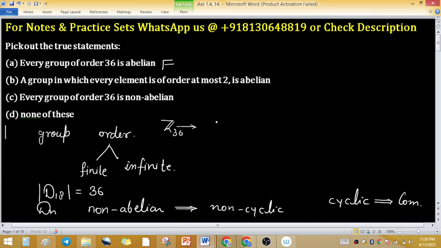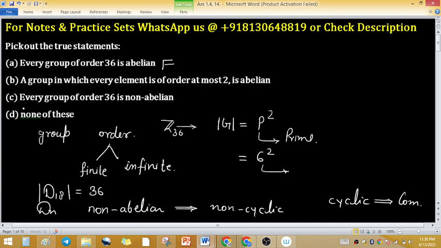If the order of the group can be written as p square, where p is a prime number, then the group is necessarily abelian. 36 you cannot write as p square type, because 6 is not a prime number. That's why this group is not necessarily abelian. I have already explained this using examples.